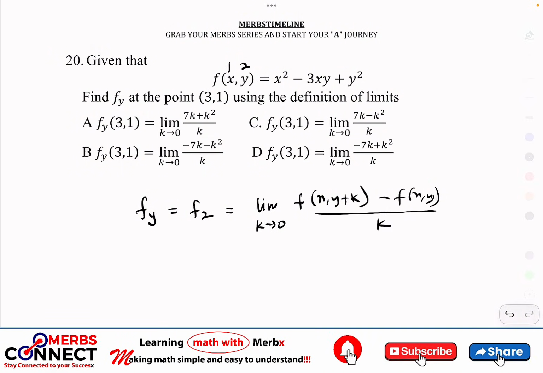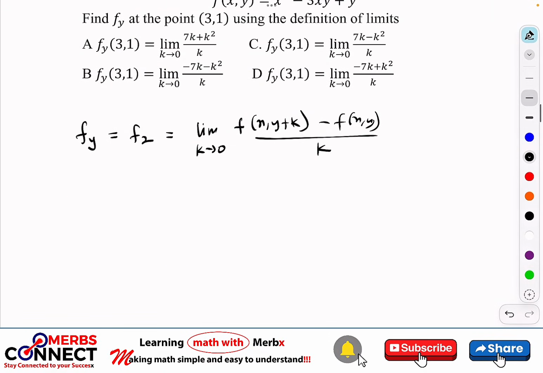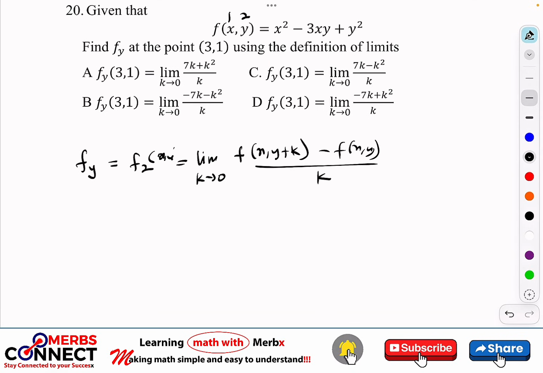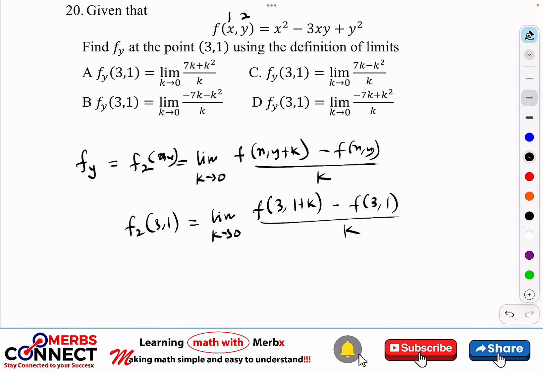So please remember how to write the definitions. It's very important. Now we need this point. Don't forget, this is x, y. So f sub 2 of 3, 1 is going to be the limit as k approaches 0 of f of 3, 1 plus k minus f of 3, 1, divided by k.